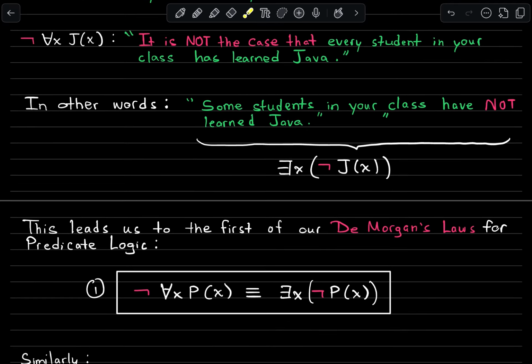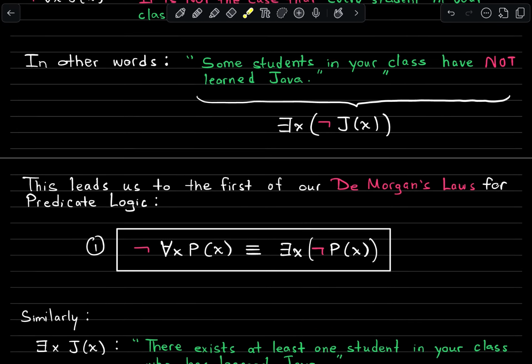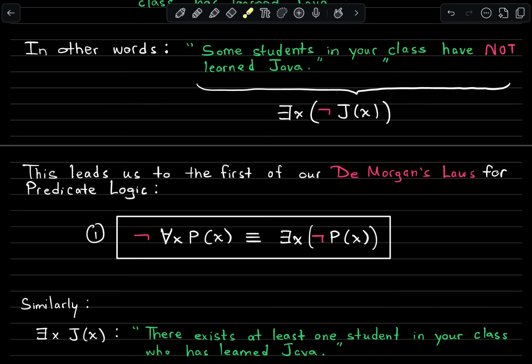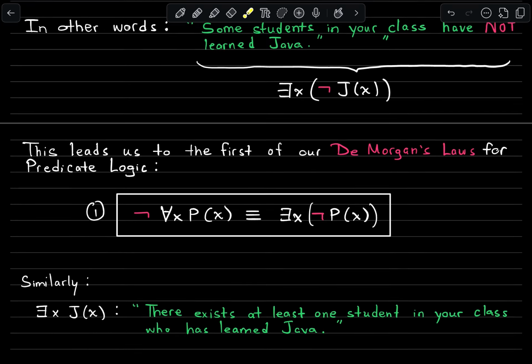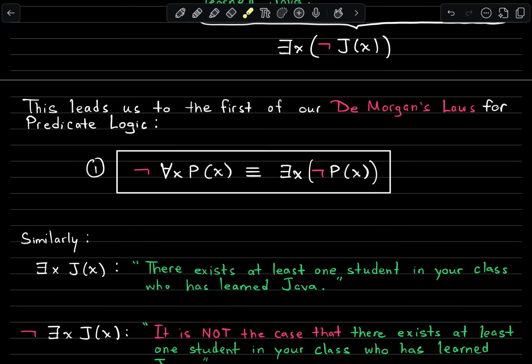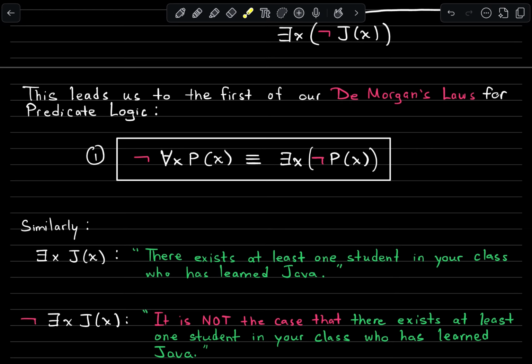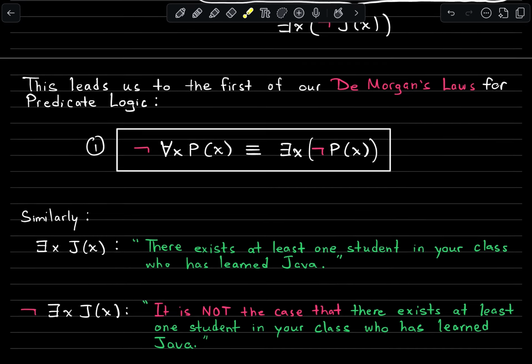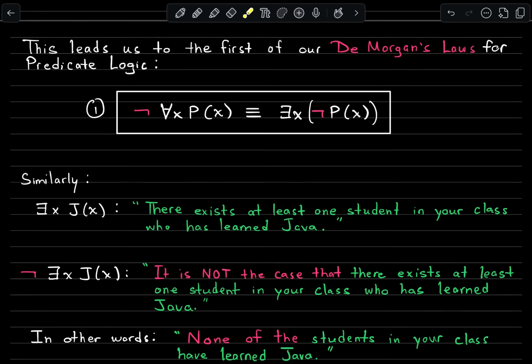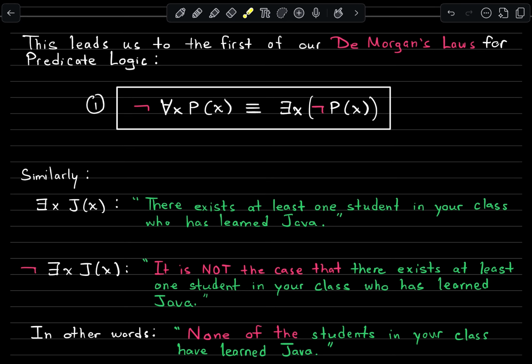Similarly, let's say we started off with the existential quantifier of J of x. There exists at least one student in your class who has learned Java. Now, if we put a negation in front of that, it is not the case that there exists at least one student in your class who has learned Java. So there's not even one student in your class who has learned Java.